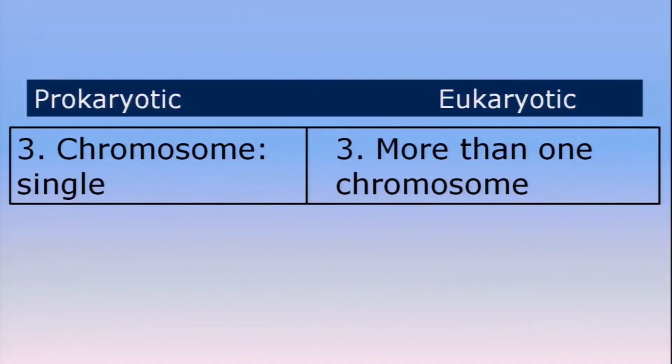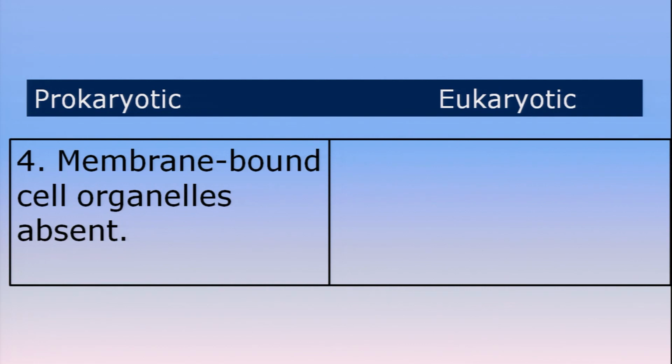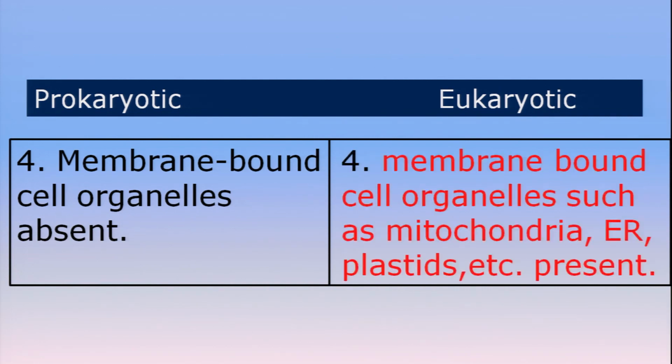Then, in prokaryotic cells, a single chromosome is present. But in eukaryotic cells, more than one chromosome are present. In prokaryotic cells, membrane-bound cell organelles are absent. In eukaryotic cells, the membrane-bound cell organelles such as mitochondria, endoplasmic reticulum, plastids, vacuoles, etc. are present.